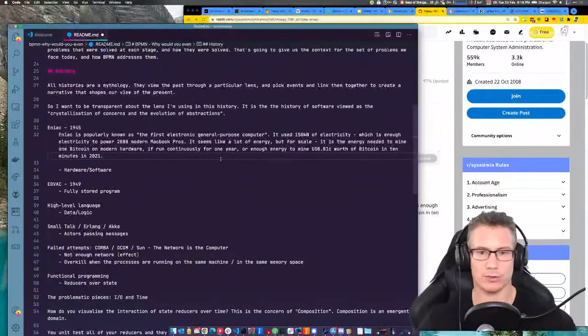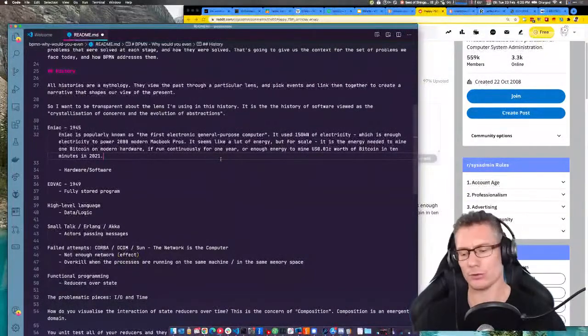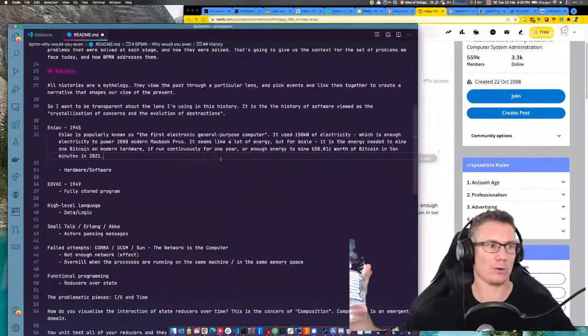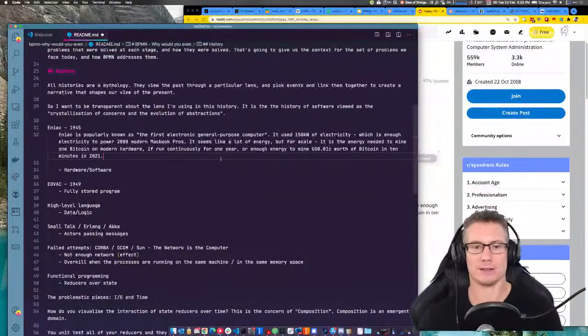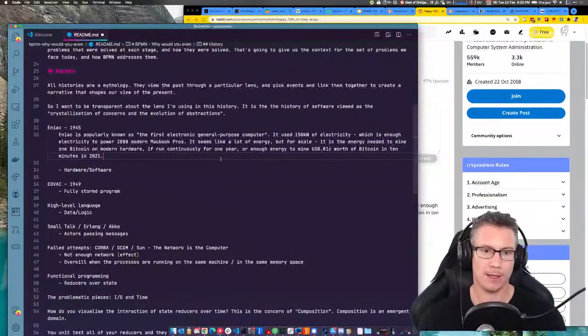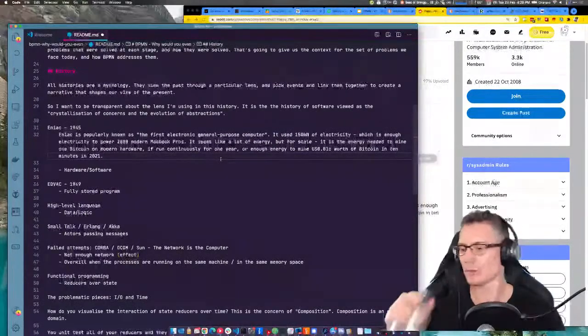That's interesting because we think of 150 kilowatts of power as ridiculous. It's massive, and now my computer can run on 87 watts for a MacBook Pro. Sure, but there are now computers running in farms.